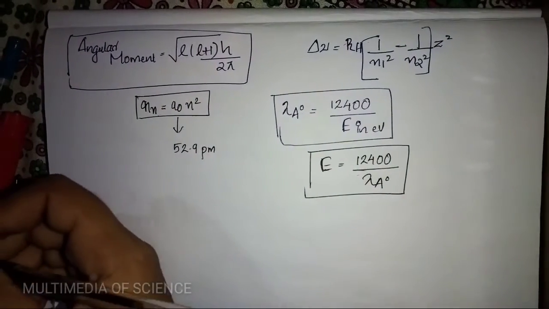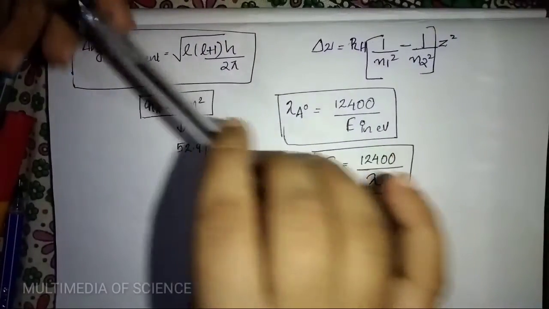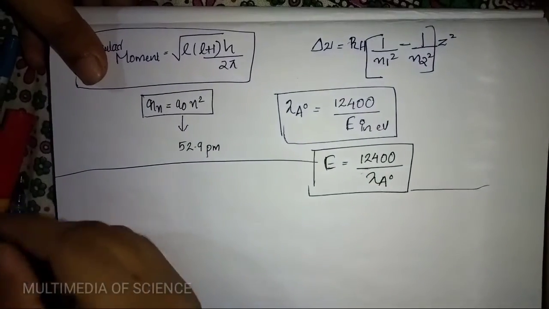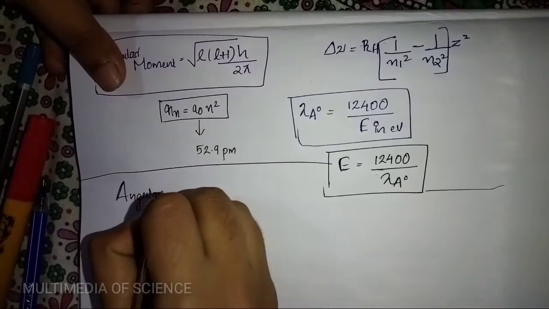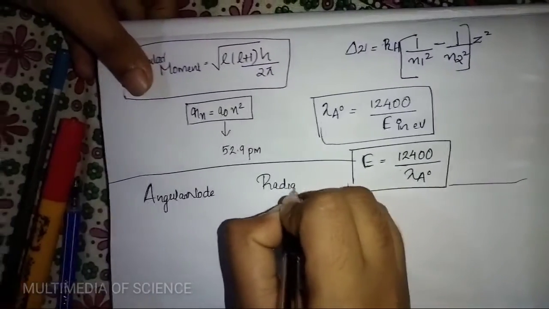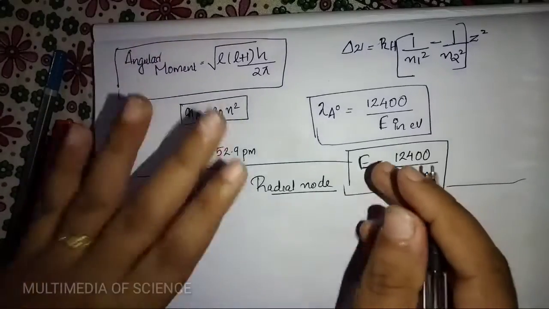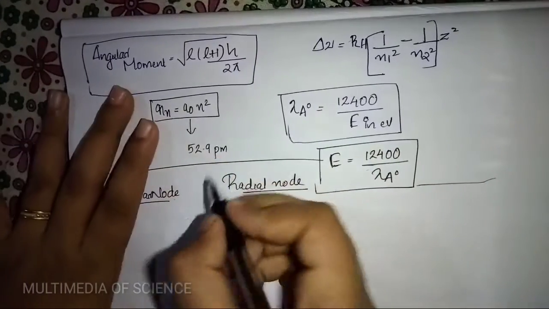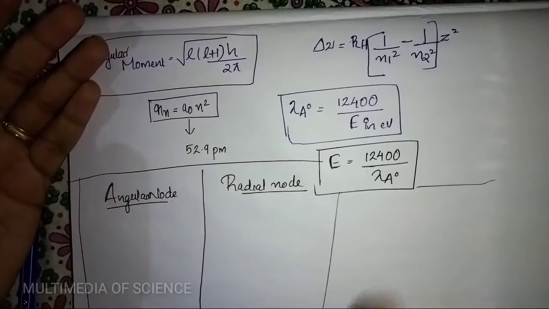Then next is about the angular node and radial node. Simplify this concept, that is our aim, so we can memorize it by looking at a table.